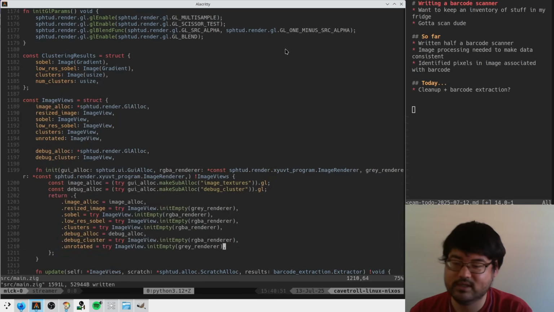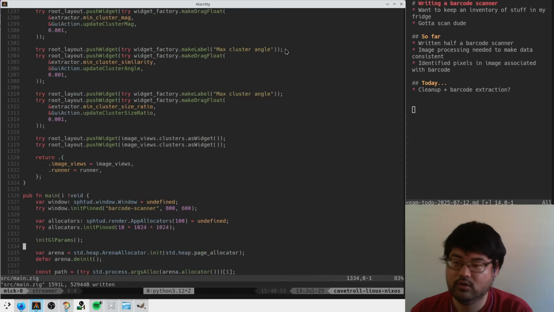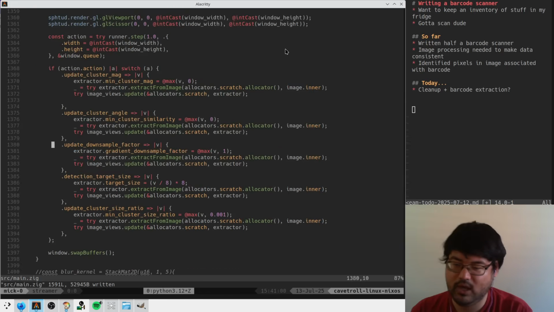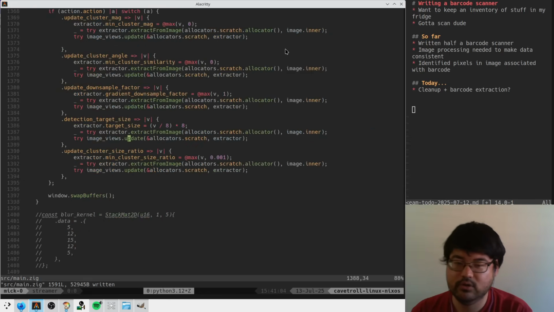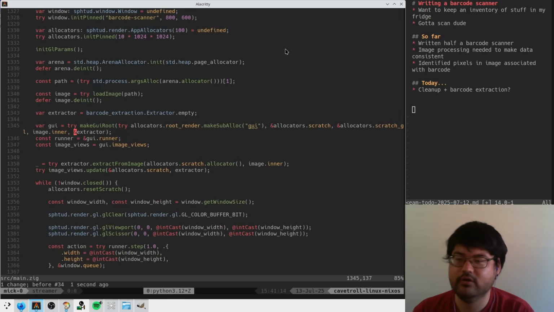Like this. Okay, so now we can say, yo, we're going to show the unrotated version here. And then when we update this thing, we have to get the results here. Fuck.